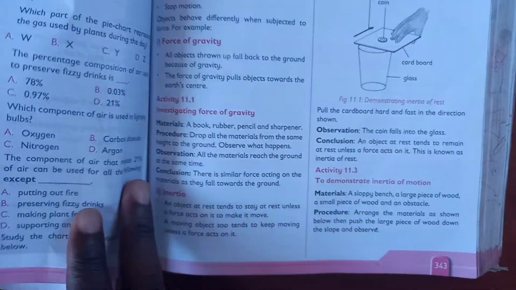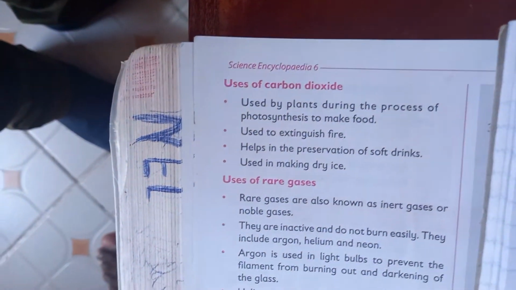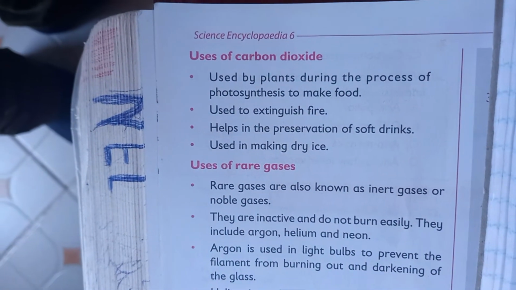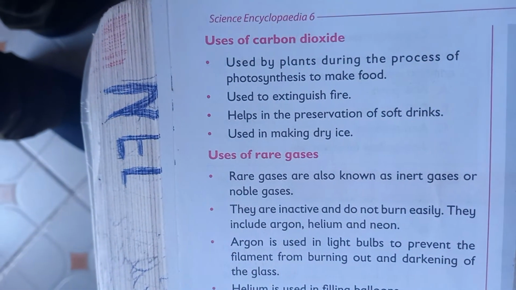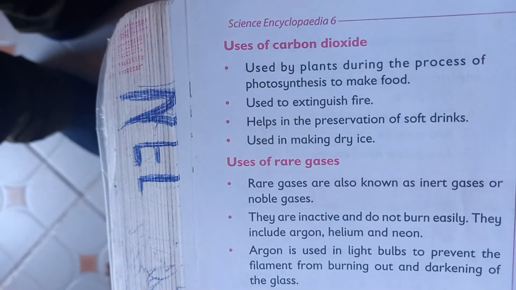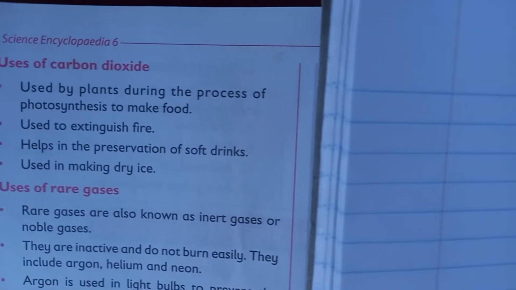Learners, we are going to see the uses of carbon dioxide. Carbon dioxide is used in different ways. One, carbon dioxide is used by green plants during the process of photosynthesis to make food.